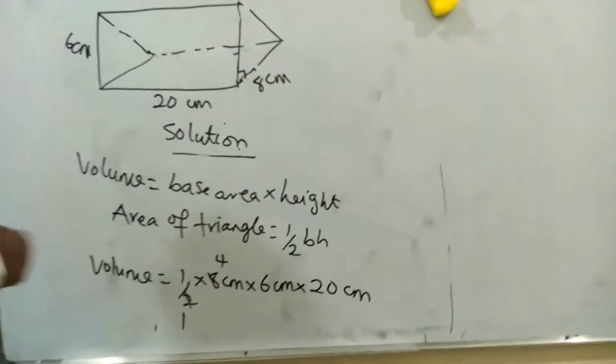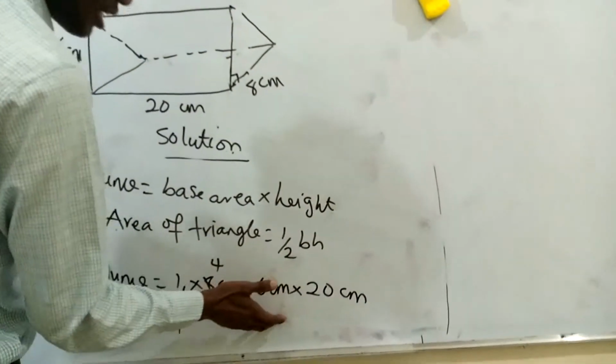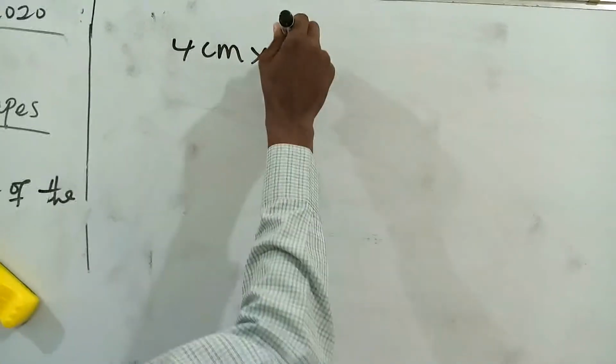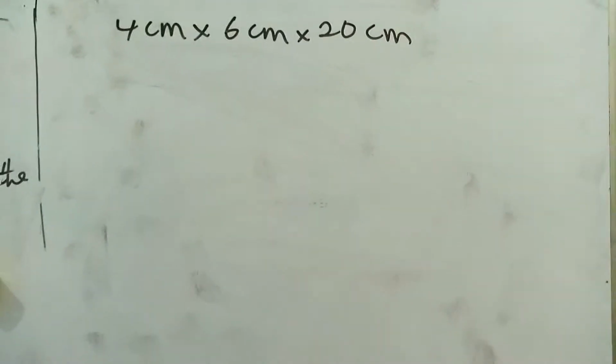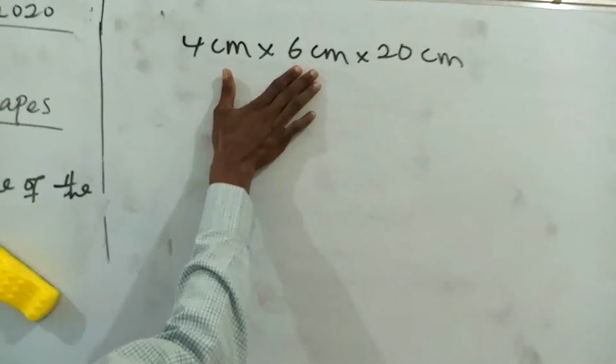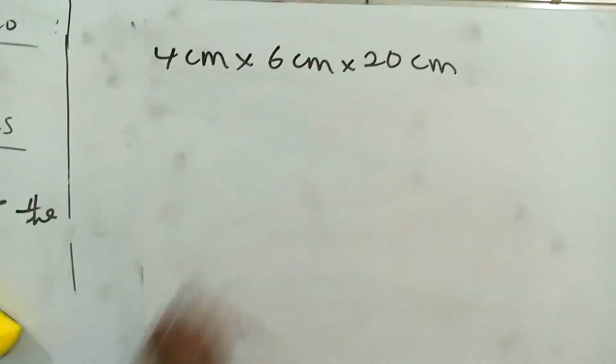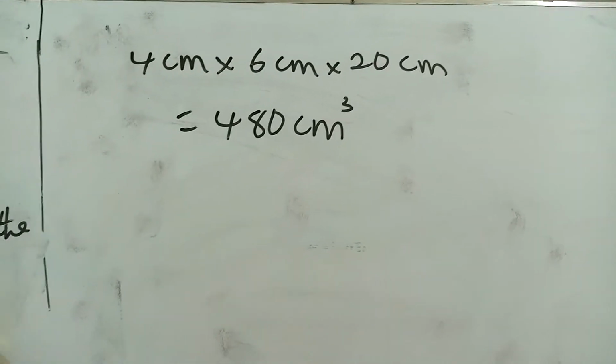So we now have 4 cm times 6 cm times 20 cm. Multiply through, 4 times 6 we have 24. 24 times 20 we have 480 cm cubed.